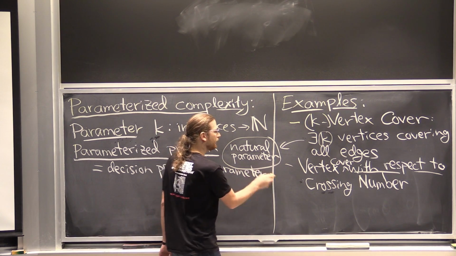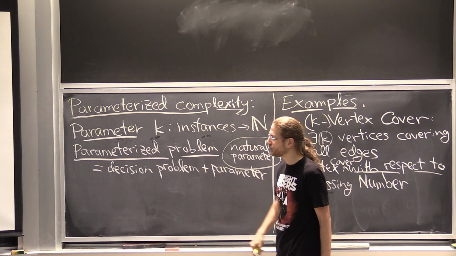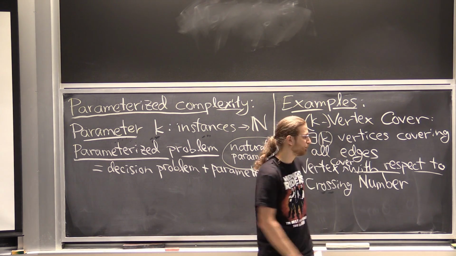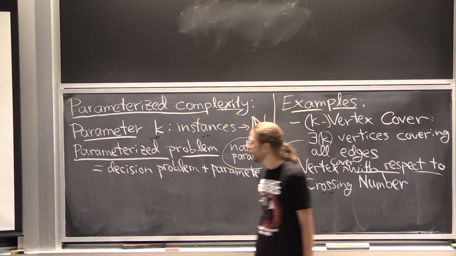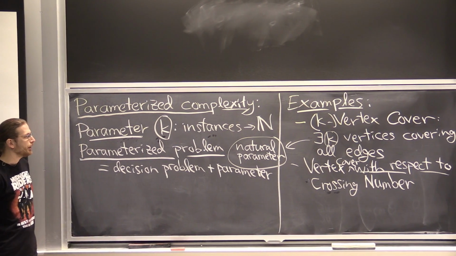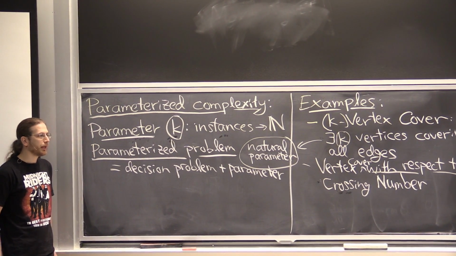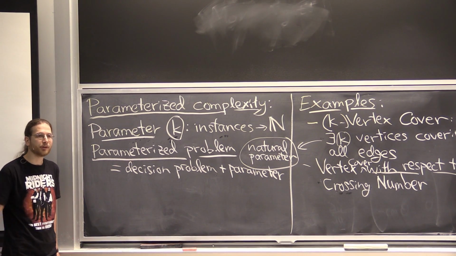So when I said vertex cover with respect to crossing number, I meant my decision problem is vertex cover, and I'm going to choose to use this particular parameter function to parameterize those instances. And in general, we'll call the parameter k and problem size n. And our goal is to get a very good dependence on n at the cost of a bad dependence on k.